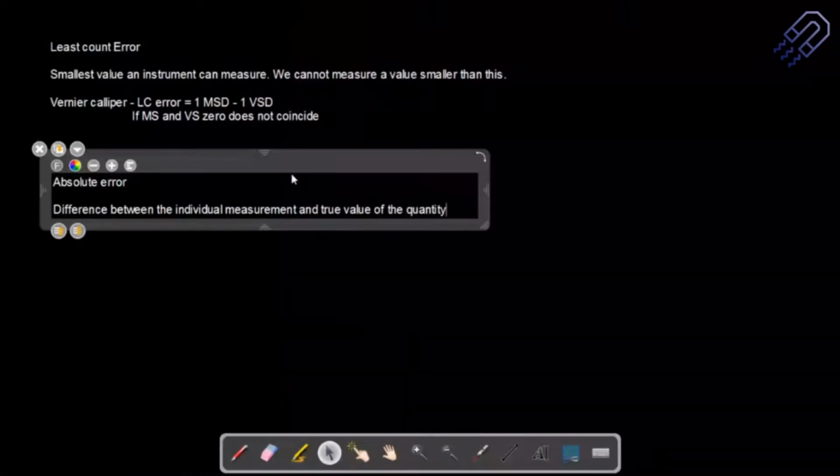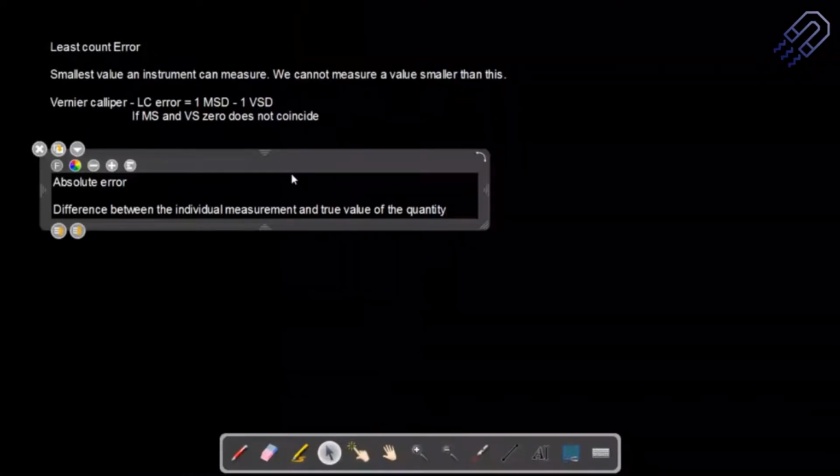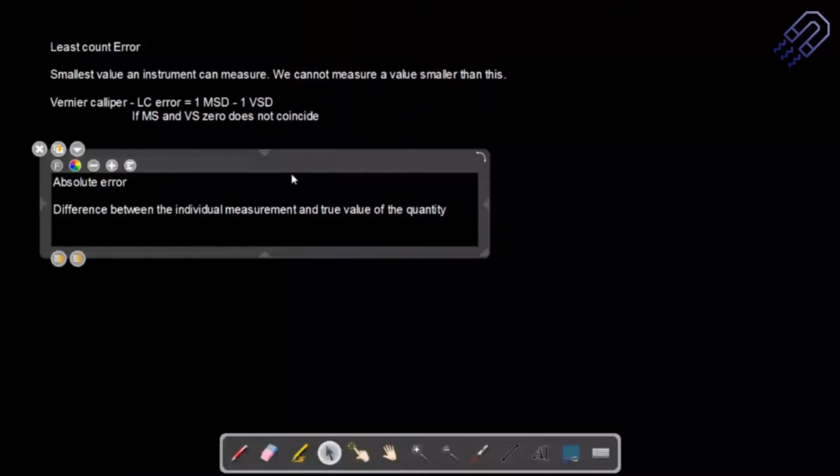For example, in the weight example that I've given, the individual measurement is 1.24 or 1.23 kg, but the actual weight is 1.25. If you take the difference between 1.24 and 1.25, which is the actual weight, you are going to get the absolute error. It is denoted by delta A.